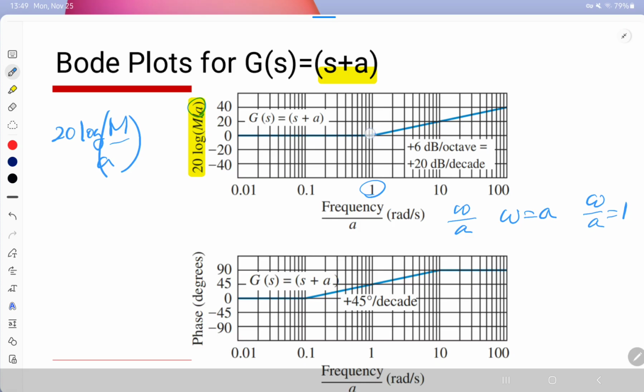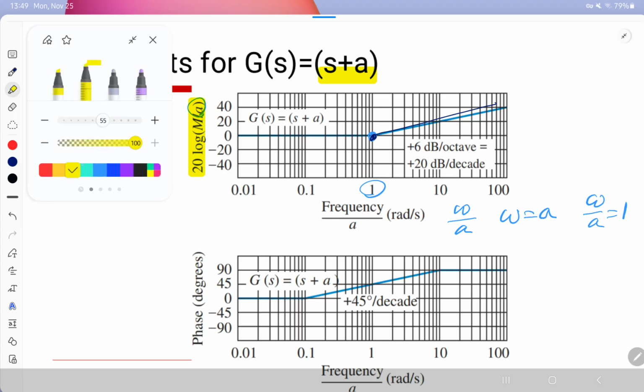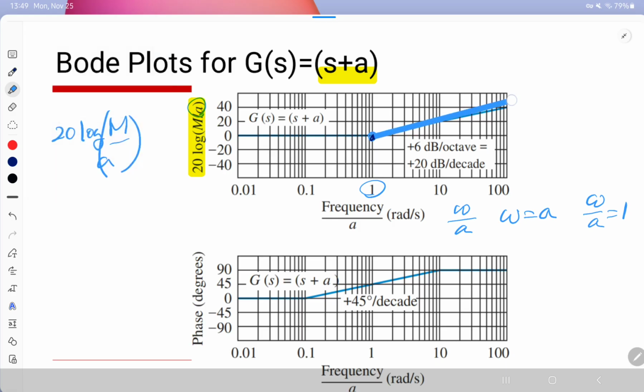So that will be the point of your interest, and it will start at that point. I'll draw in a larger and thicker line. So if I do this, it is going towards here.